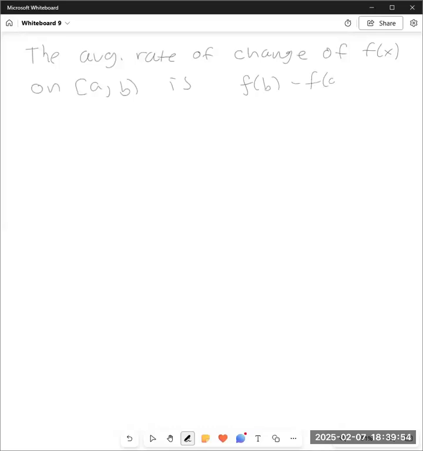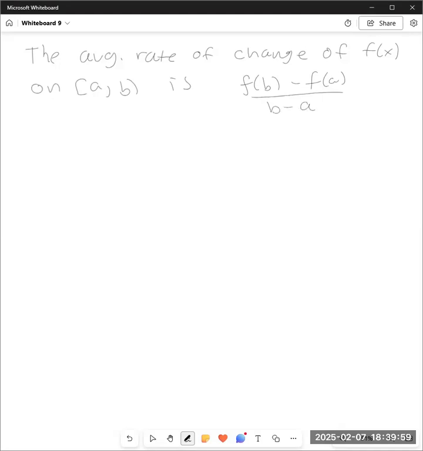The average rate of change is the difference quotient. It's this formula. So the average rate of change of the function f of x on the closed interval a to b is f of b minus f of a over b minus a.